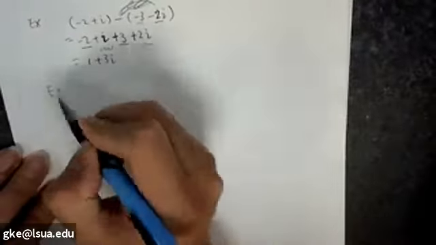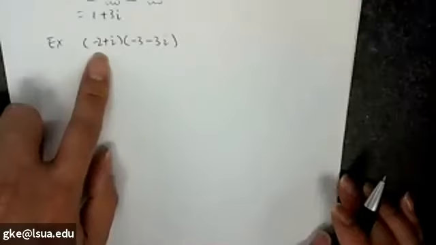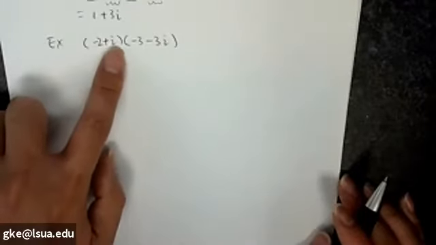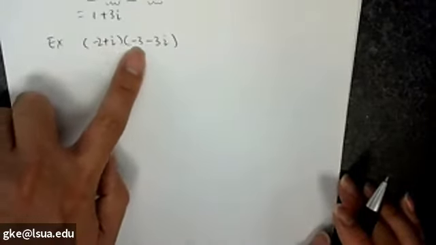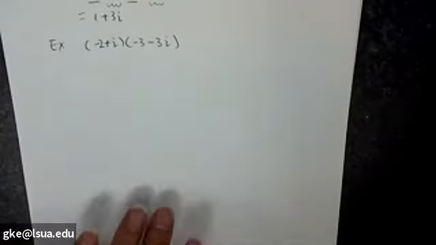Now let's try the multiplication. Okay, negative 2 plus i times negative 3 minus 3i. Then you can use your distribution.